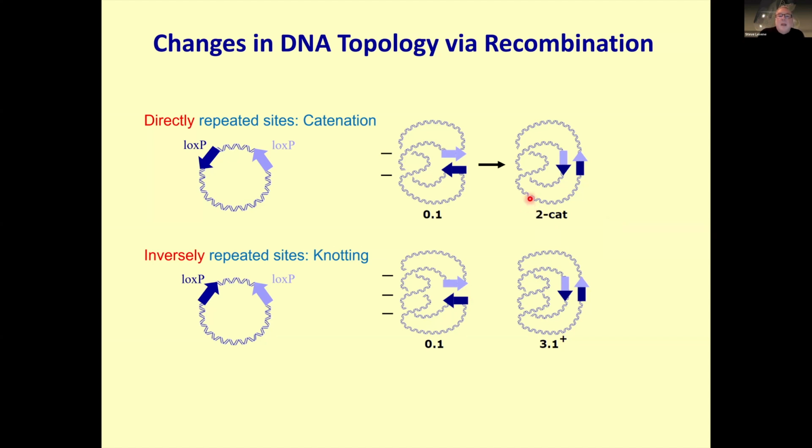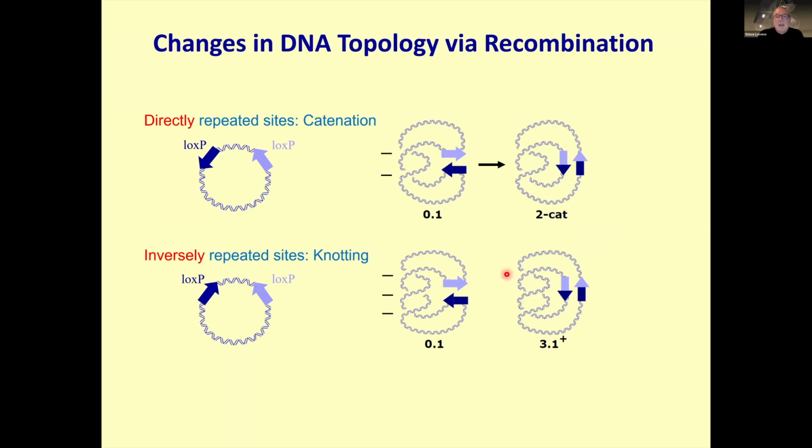Okay, but the absolute orientation of the DNA segments, the loxP segments along the plasmid, is critical here. If the sites are directly oriented, i.e., they point in the same direction as you follow the path of the DNA duplex, you get catenanes forming. If the sites are inversely repeated, then you get a knotted DNA product.